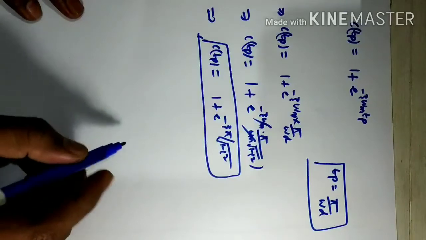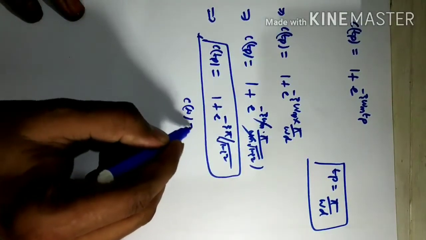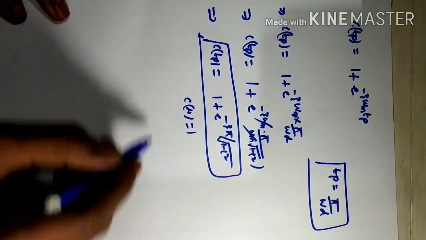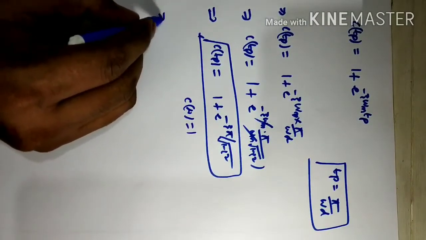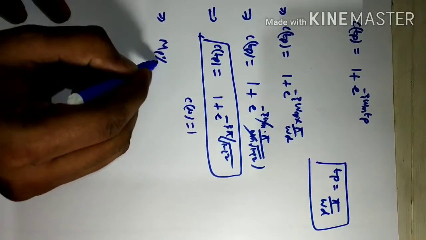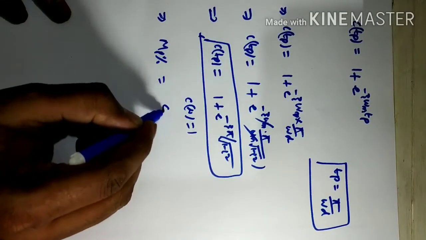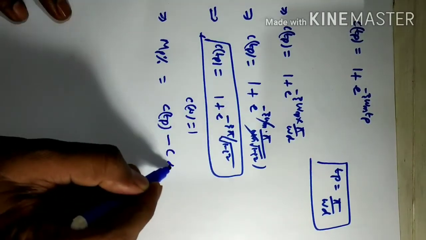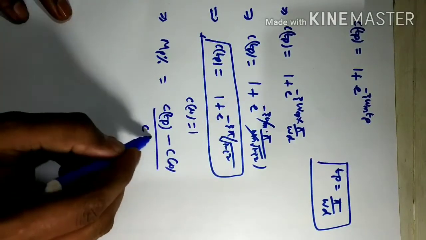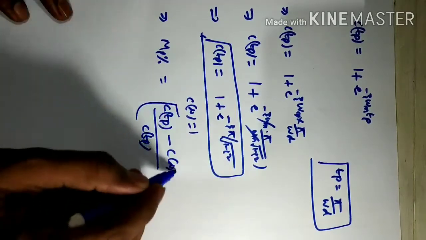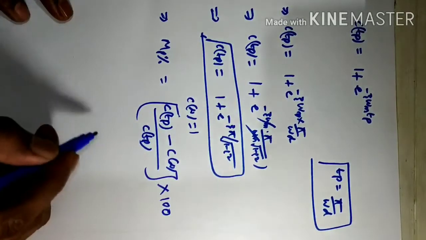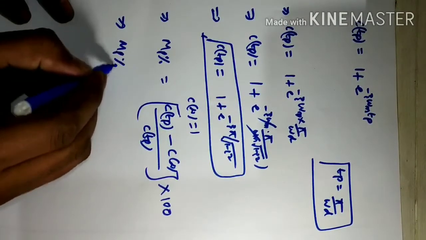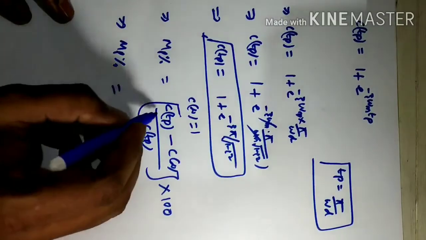So substitute C infinity is equal to 1. What is the percentage? Maximum peak overshoot percentage is equal to (C(tp) minus C(infinity)) by C(infinity) into 100 in percentage. So percentage Mp, which means maximum peak overshoot, is equal to: what is C(tp)?